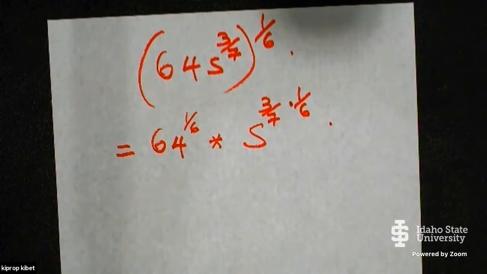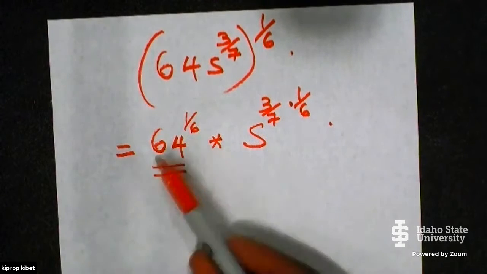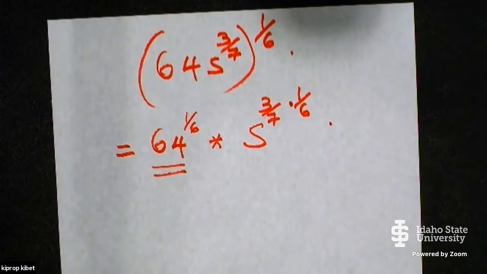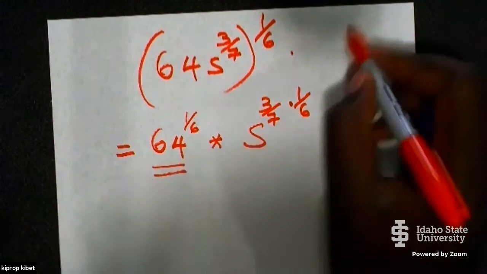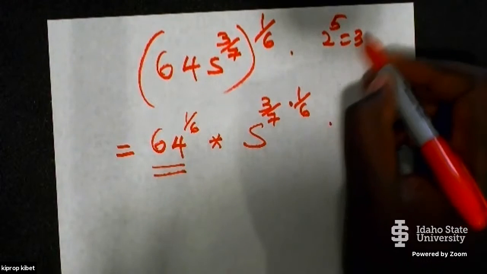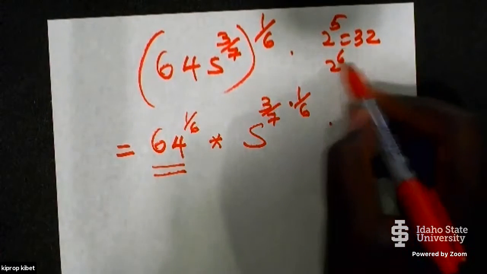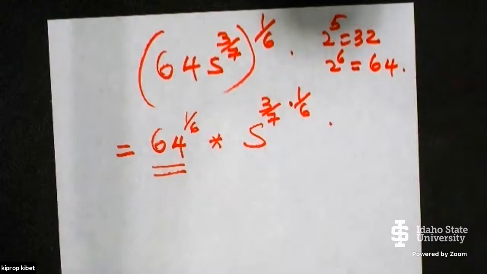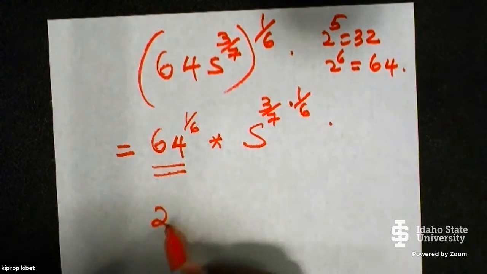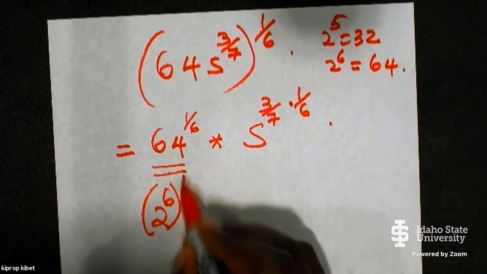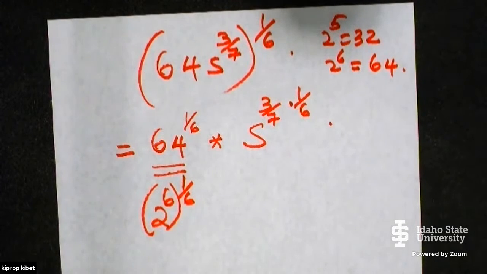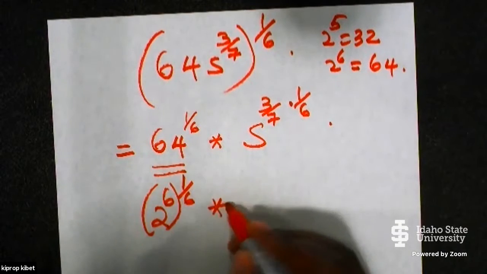So here, we can find the factors of this. We know that 2 raised to 5 is equal to 32, right? So 2 raised to 6 will be equal to 64. So that means here it will be 2 raised to 6, and then raised to 1 over 6 there, multiplied by s.